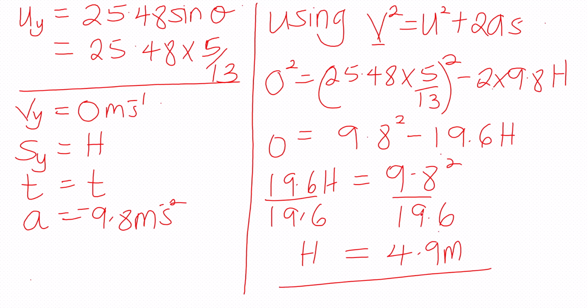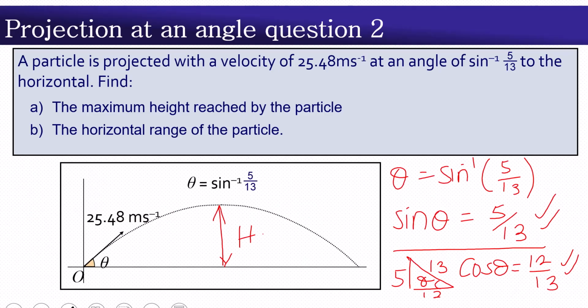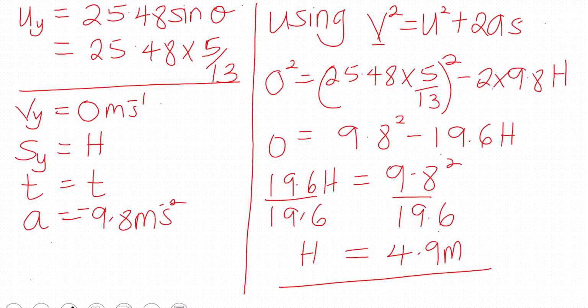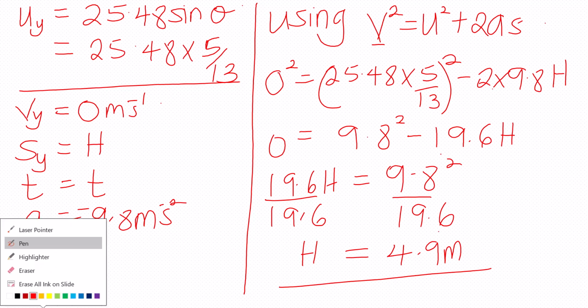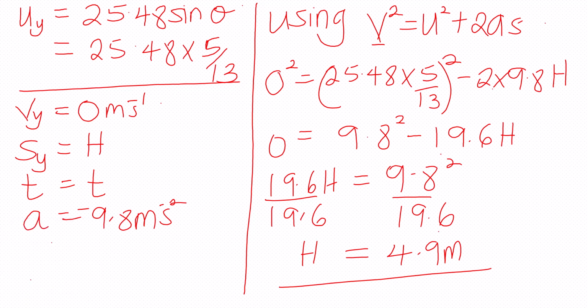So after calculating our maximum height reached, the next part is asking for horizontal range. So for horizontal range, we shall consider the motion in the x direction. So we can remove this and summarize the information for the horizontal direction.